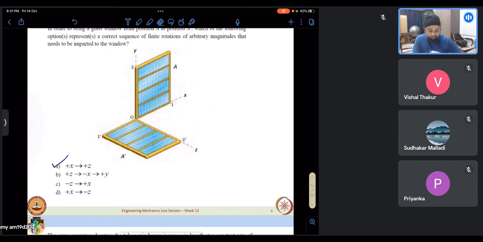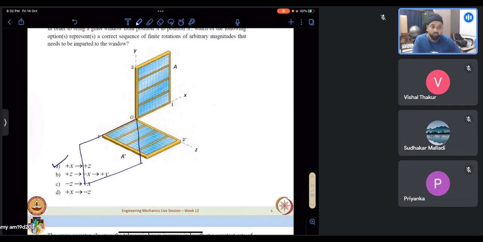So that is what we will see: out of these two, only one will help us reach the final configuration. If I rotate this window about z in the minus z direction by pi by 2, I'll have my window like that.